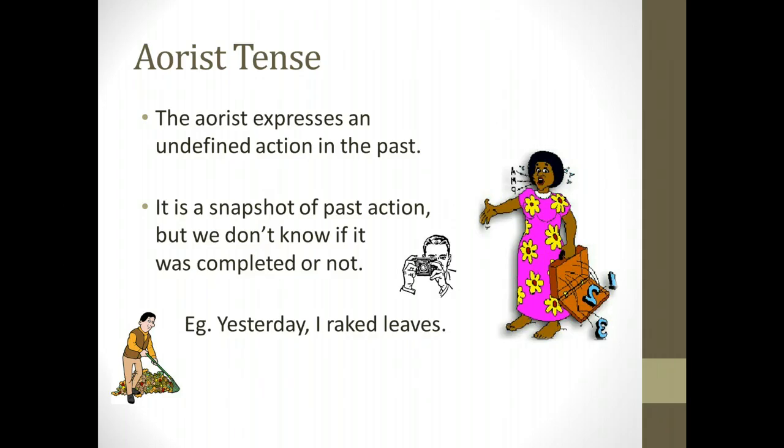Now, that sentence helps us to understand that yesterday I had actually raked some leaves, but it doesn't tell us whether or not I finished the job. Again, it's like looking at a snapshot of some action that took place in the past. We can see that something happened, but we're not sure if it was an ongoing action or if the action was completed or not. Unlike the imperfect, which does tell us that the action happened in the past and was ongoing.